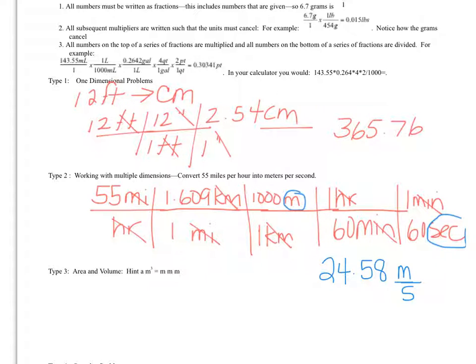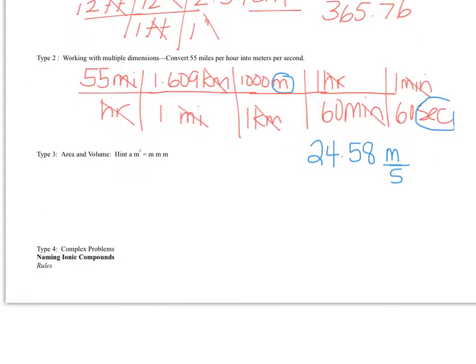I don't want to go on to type 3, okay? I want to do another one of type 2, and then we'll stop there, because type 3 gets a little bit more involved. So I think there's a place for you to go more toward the bottom of your page. Is there room? Okay, maybe you can put another one. So let's try converting. Let me see if I have a conversion chart in front of me.